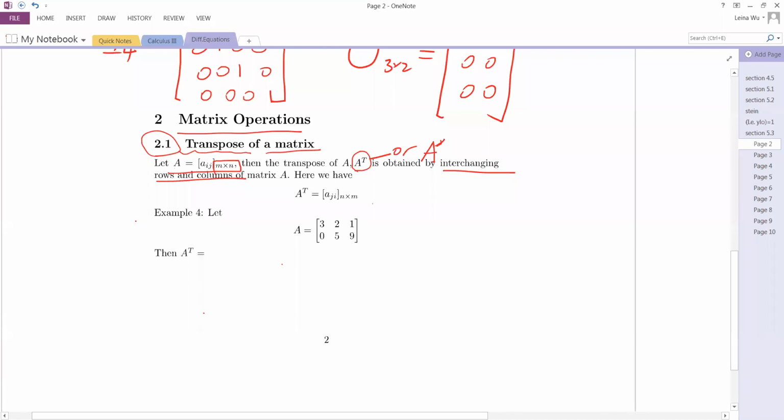You can also tell here the notation. If its entries are A sub ij, then in the transpose they are A sub ji, and the size needs to be changed. So here we go.